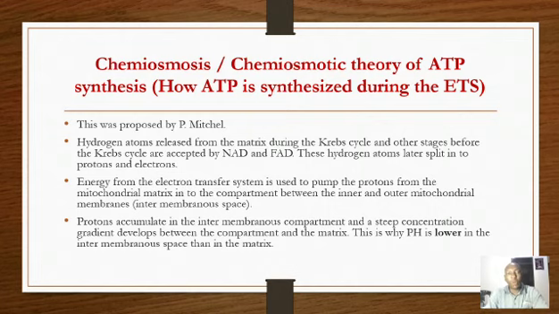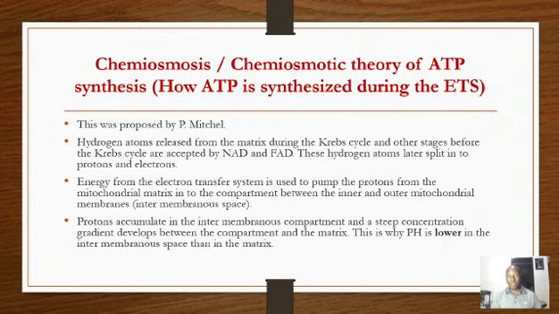Remember, we have seen the mitochondrion, and in the mitochondrion, after the Krebs cycle, that is where we have hydrogen atoms. But the hydrogen atoms are combined with NADH2 or FADH2. What happens to them?